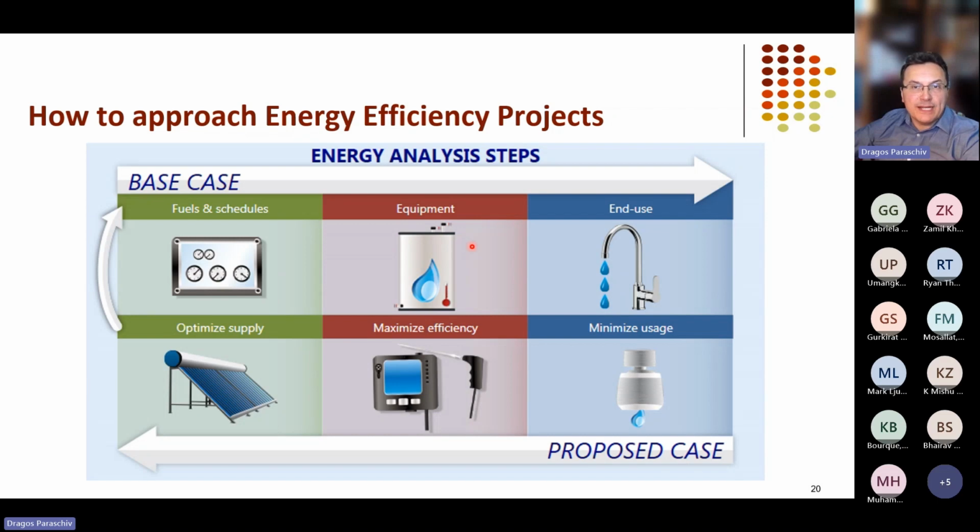Whenever we have conversion of energy, for example, in a furnace or in a boiler, this is part of our analysis because we can see opportunities there. But all this is because we want to identify the end uses. So the end uses that are the components of energy used in the building that are the most representative will be modeled as part of the energy model.